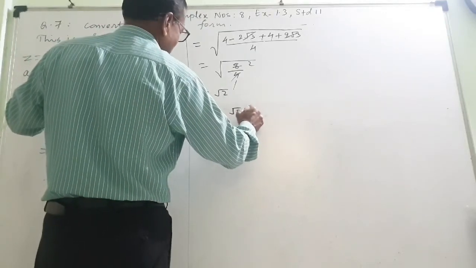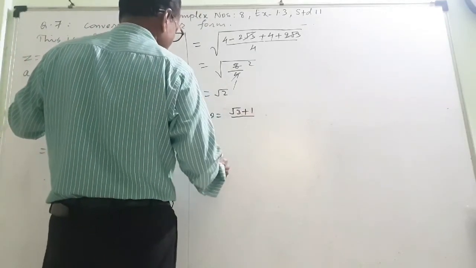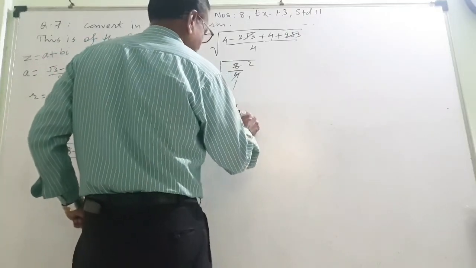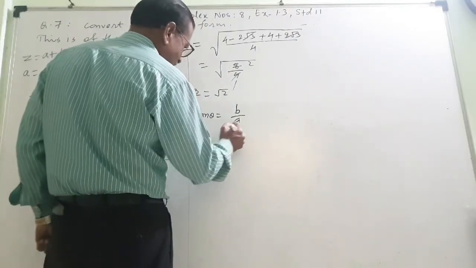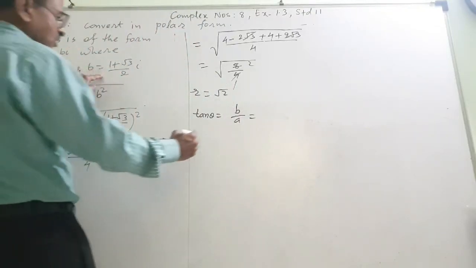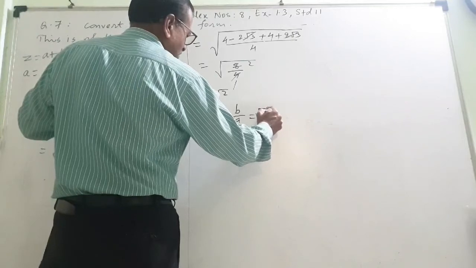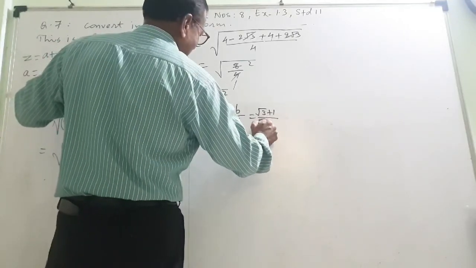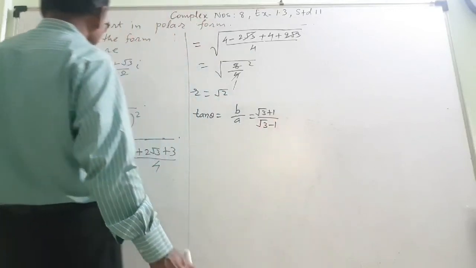Root 3 plus 1 upon, write the formula, b upon a. That is equal to, what is your b? b is this, root 3 plus 1 upon root 3 minus 1. The sequence I will mention, that's it.